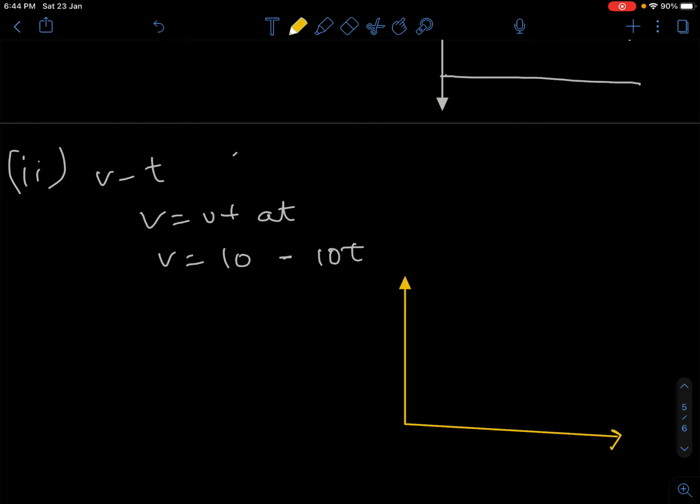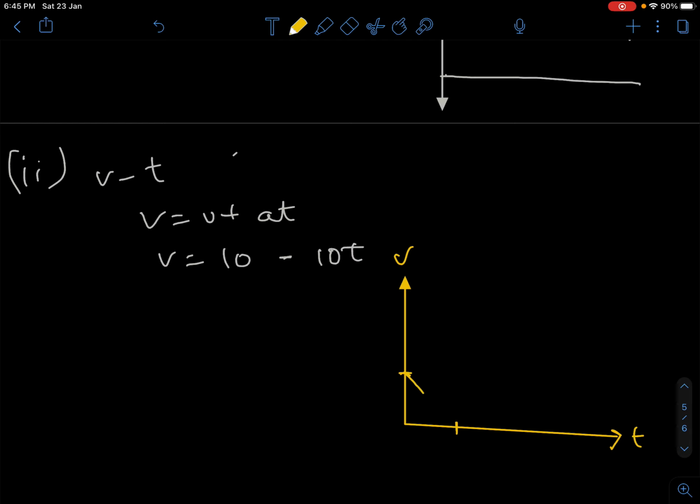Done. And v equals 10 minus 10t. When you put v equals 0, it will come t equals 1. And when you put t equals 0, then v is 10.